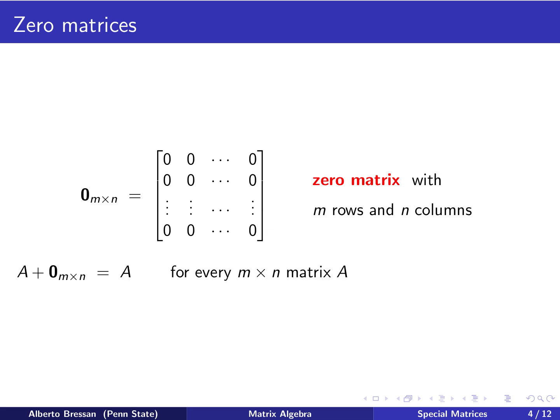And then we can easily verify the property of a 0, meaning that if you have a matrix A of the same size, m by n, and you add A with this 0 matrix, you can easily see that you get A back, so it doesn't change the A matrix.